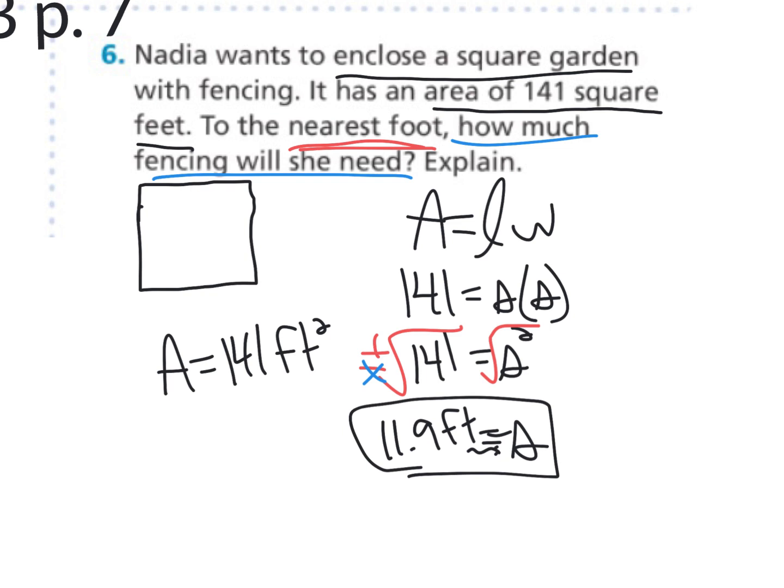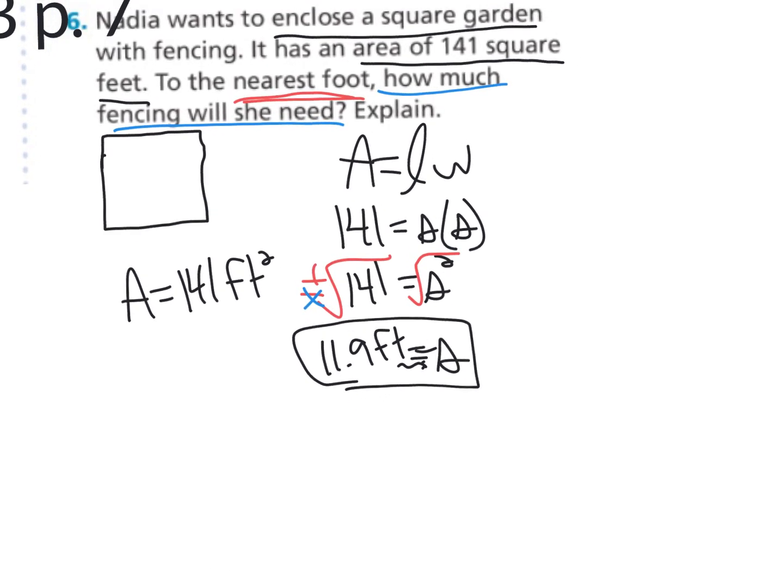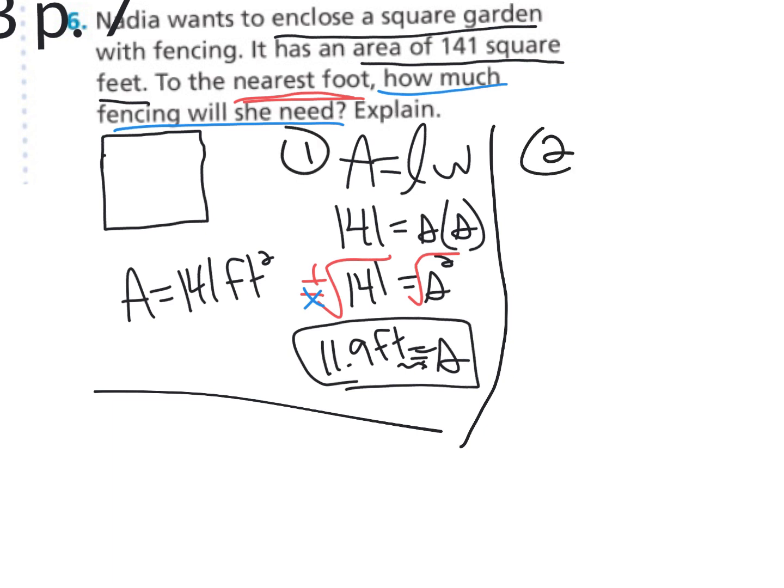If you read this question, it says, to the nearest foot, how much fencing will she need? So 11.9 feet, that's not our answer yet. So to figure that out, basically we need to find out what our perimeter is. The fencing material goes around the outside of this thing, so we need to find the perimeter.